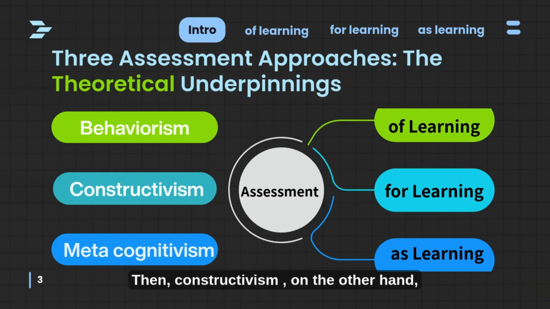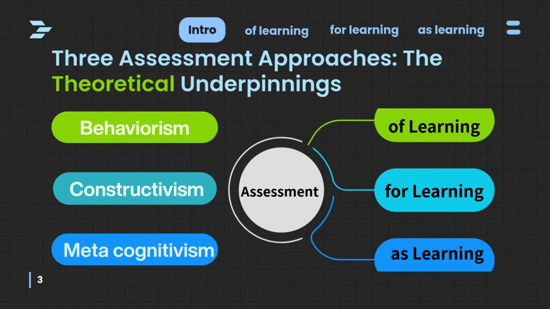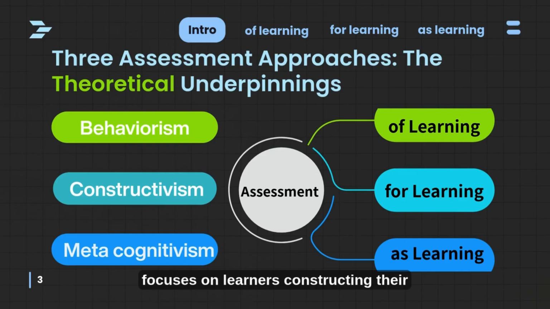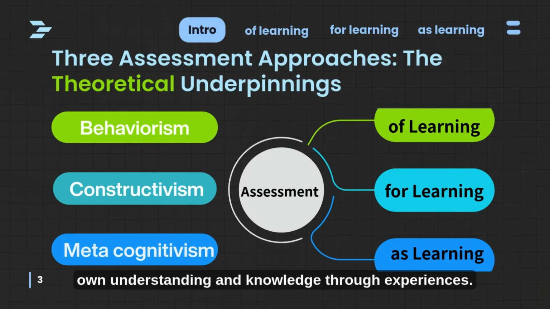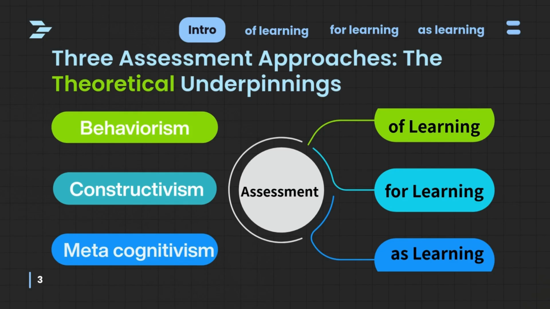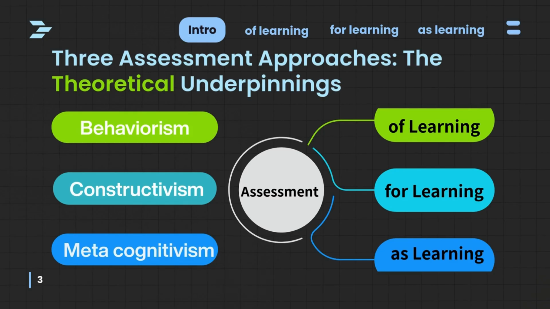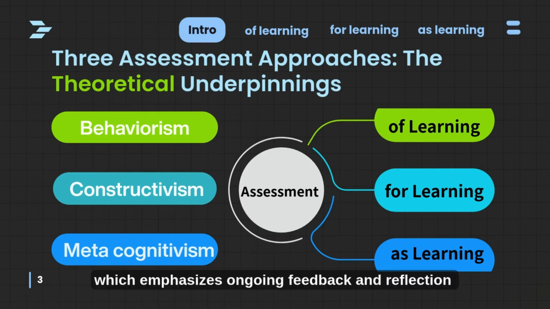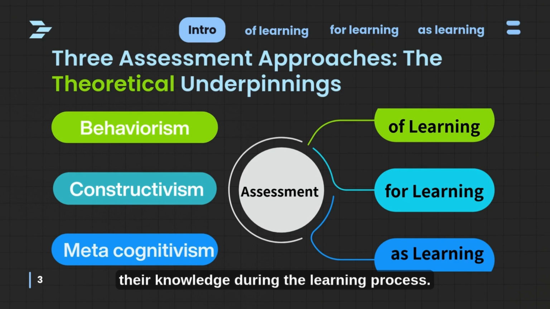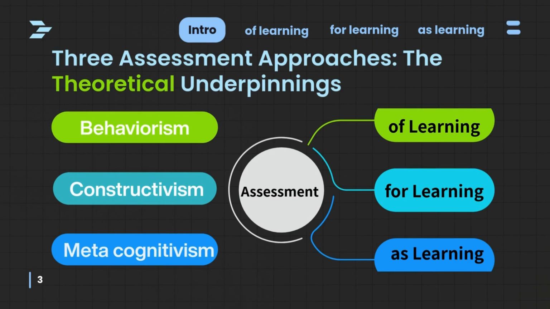Then constructivism, on the other hand, focuses on learners constructing their own understanding and knowledge through experiences. This aligns with assessment for learning, AFL, which emphasizes ongoing feedback and reflection to guide learners in improving and deepening their knowledge during the learning process.